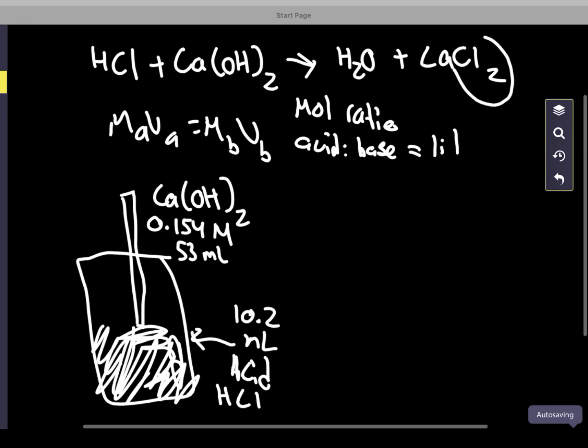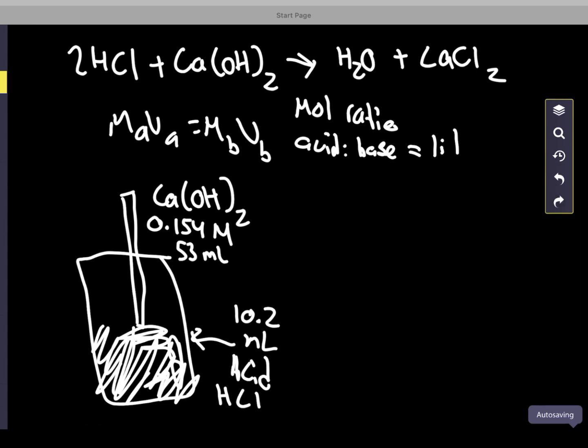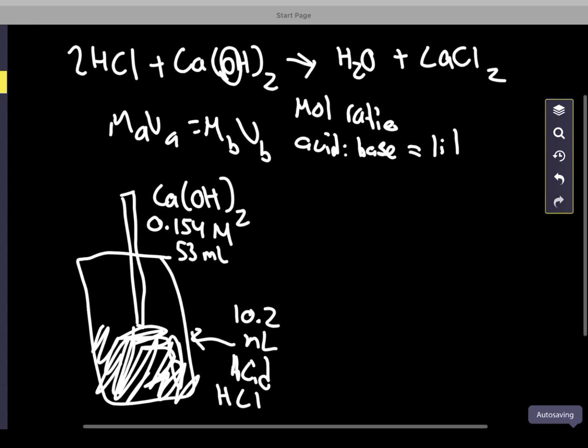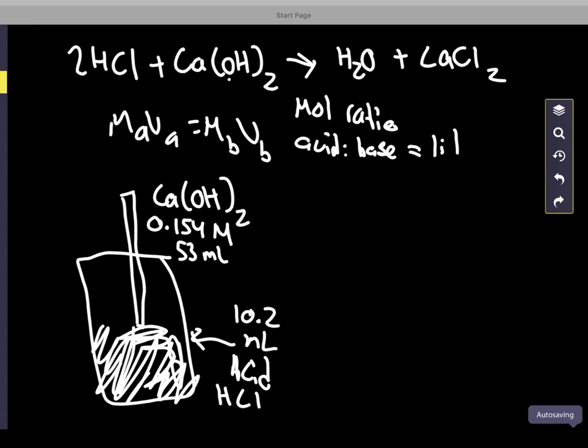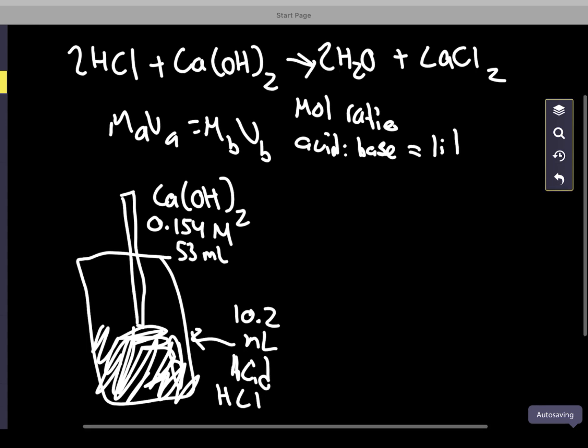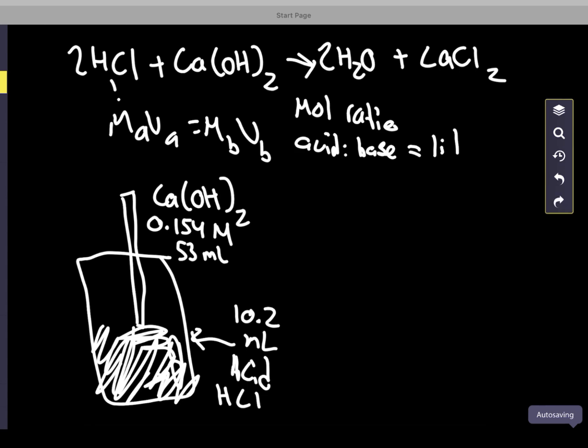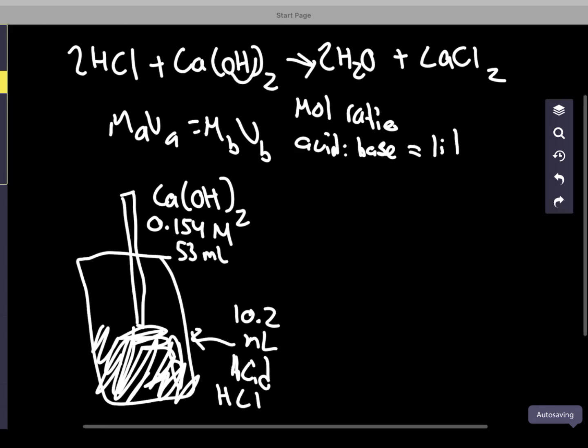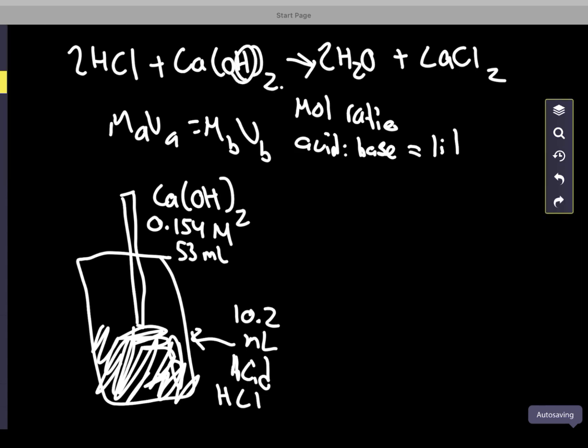We have 2 chlorides on this side, so we got to put a 2 here. And in addition, you can also see that we have 2 extra hydrogens and 2 extra oxygens. So in this case, we got to put a 2 here. 2 times this invisible 1 is 2.